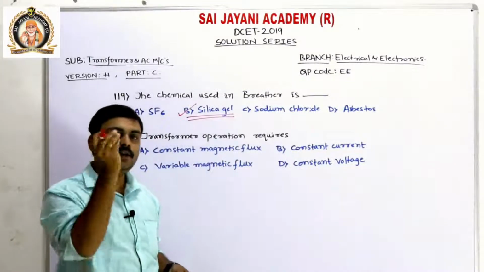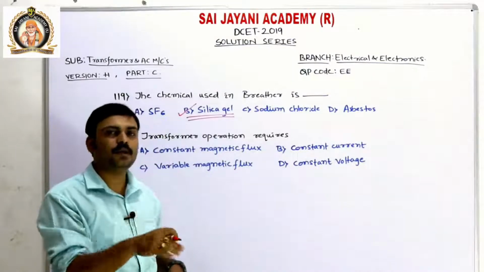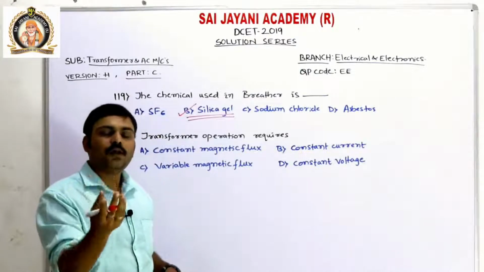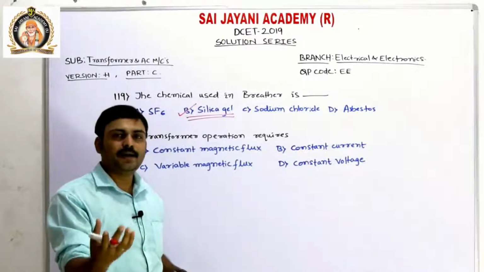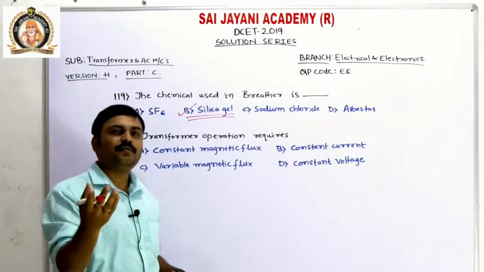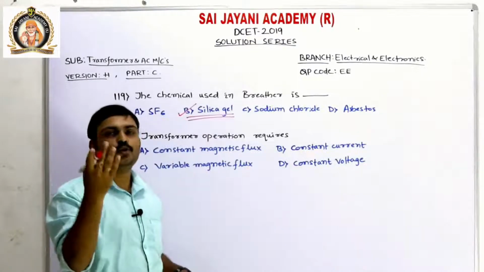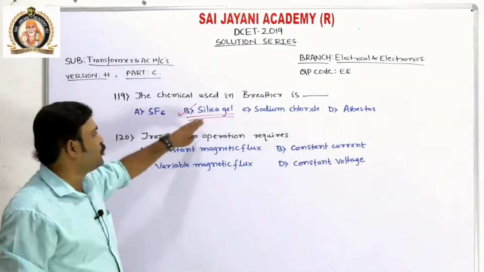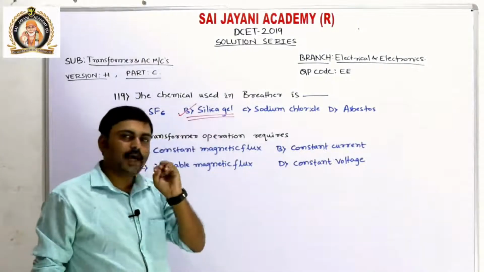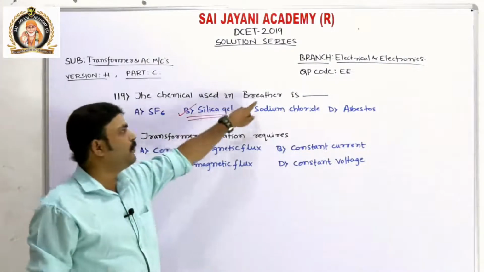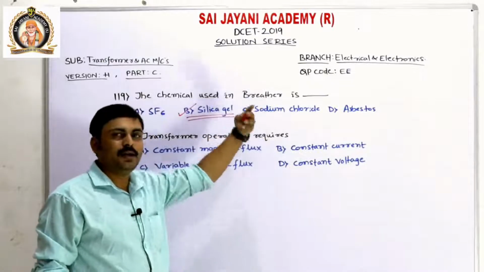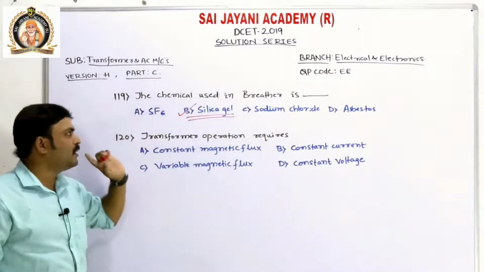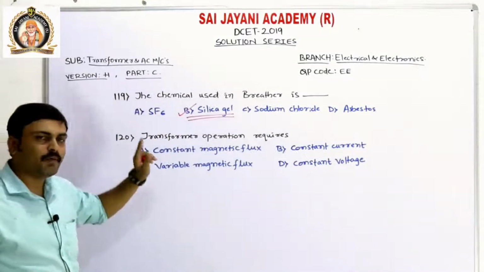If the moisture enters along with the air into the transformer tank, the insulating property of the transformer oil will be decreased and the chance of a short circuit in the transformer will be possible. So we will use silica gel as the moisture absorbing chemical in breather. Option B is the right answer for question number 119.